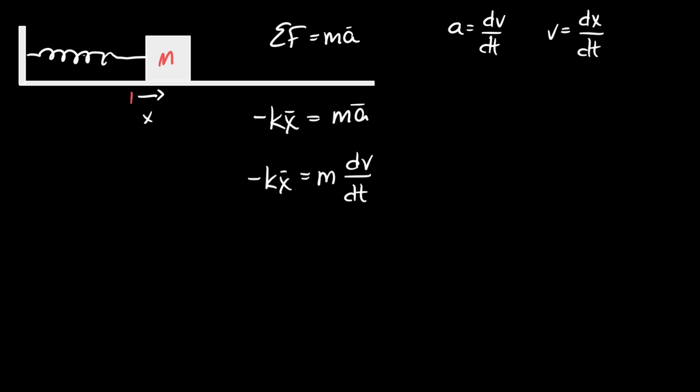But you guys are smart, learned people. You remember that v is also a derivative. So we're going to put in the derivative twice. We're going to replace a with dv/dt, but now we're going to replace v. Two substitutions.